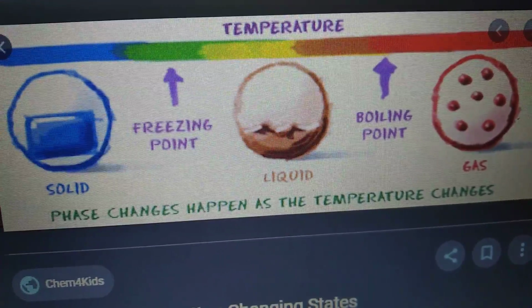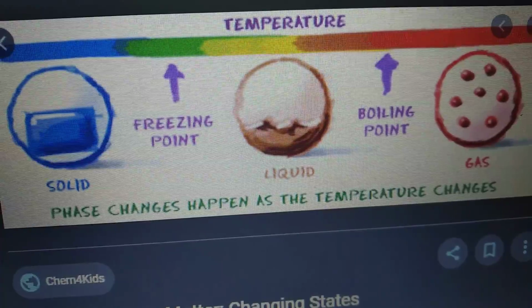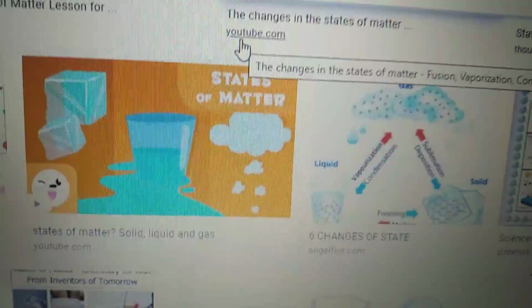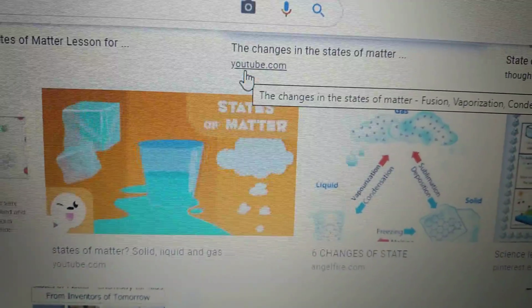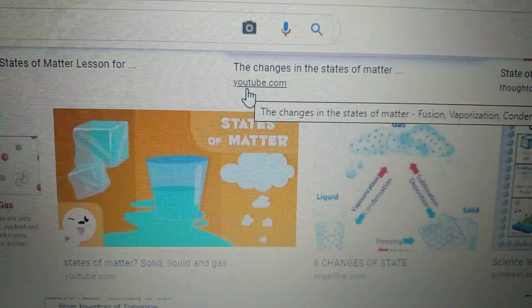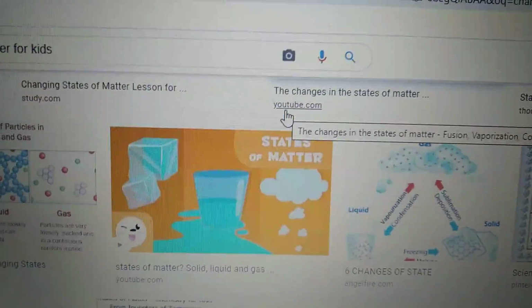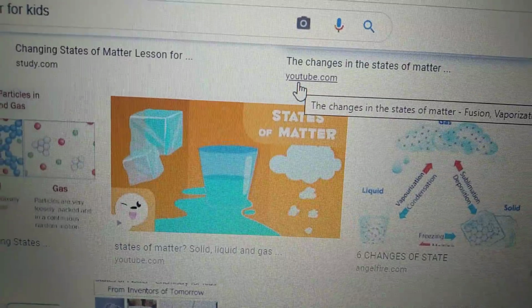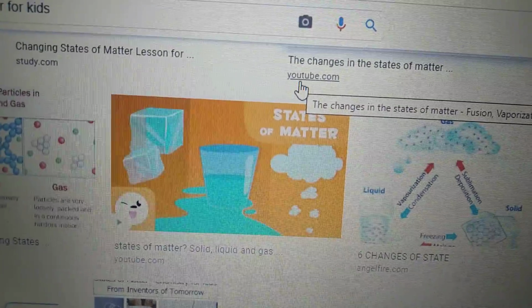If in summer season you keep the ice tray outside, the solid ice cubes, water which is in solid form, convert into liquid state. That is nothing but melting. A process in which solid changes to liquid is nothing but melting.